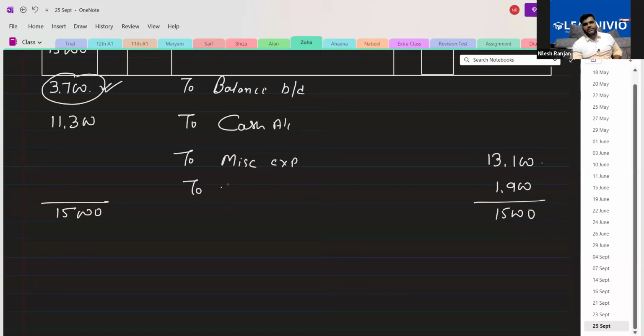It will be to balance CD. So that's it. This is how we have to solve the question. Okay. Tell me, your simple petty cash book is clear? Yeah, it's clear. Okay. Any doubt here? No.